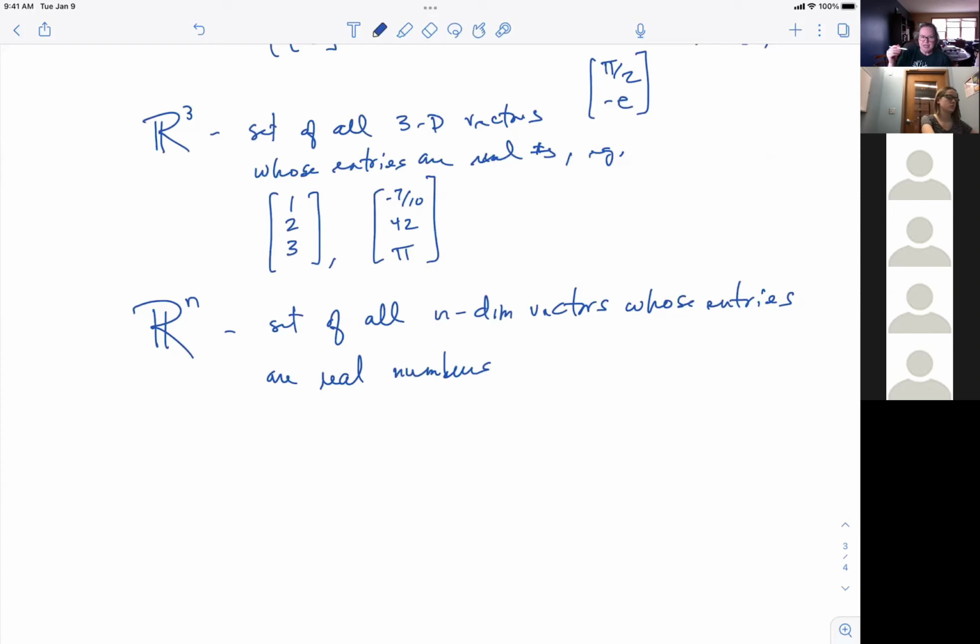So I advise you to keep a page in your notebook, or a document somewhere, where you write down definitions and examples like this to refer back to, even terms like free variable, basic variable, consistent, inconsistent. There's just a lot of them in chapter 1, and having a quick reference to look at is probably valuable.